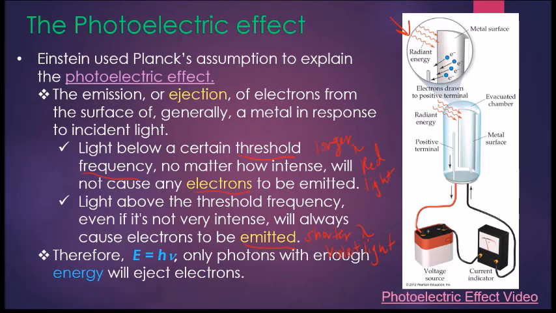But the fact that it's hitting a surface and then ejecting electrons gives the idea that there is some sort of hard little piece of matter in there. And that gives it the idea that it has this particle behavior as well.